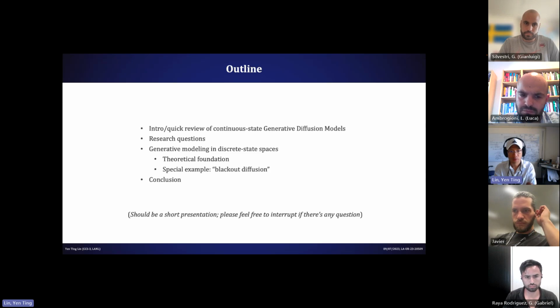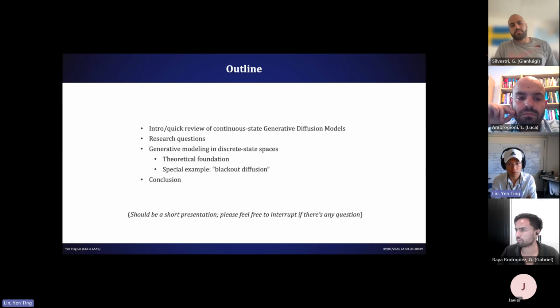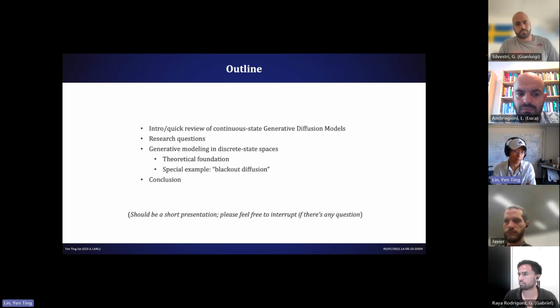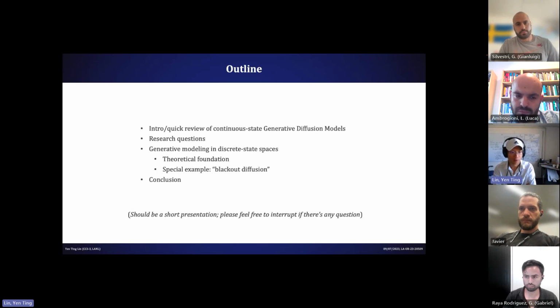I'll present the core research questions that we had when trying to understand what diffusion models are. Then I'll present generative modeling in discrete state spaces, which comes with a general theoretical foundation and also the spatial example, which we call Blackout diffusion. And then I'll answer the research questions in the conclusion.